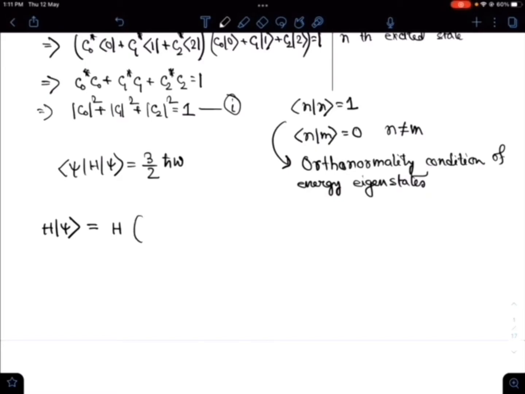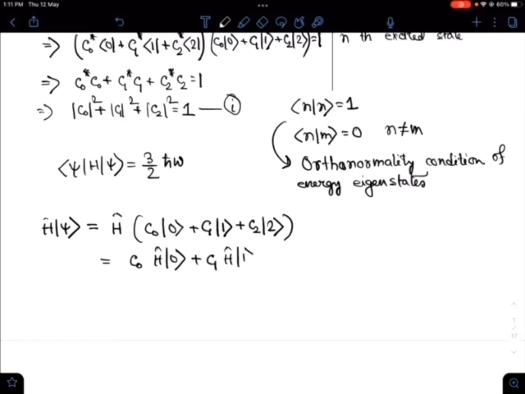Psi, we know, is C0 |0> plus C1 |1> plus C2 |2>, and H is an operator obviously. So H psi is C0 H|0> plus C1 H|1> plus C2 H|2>.